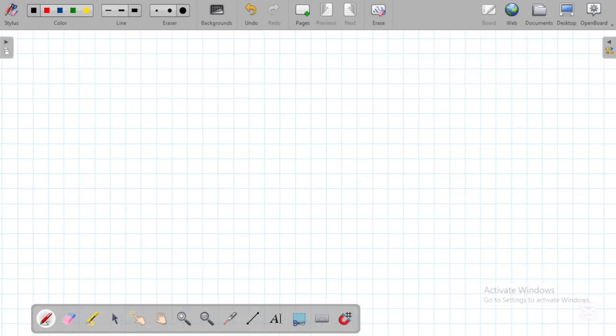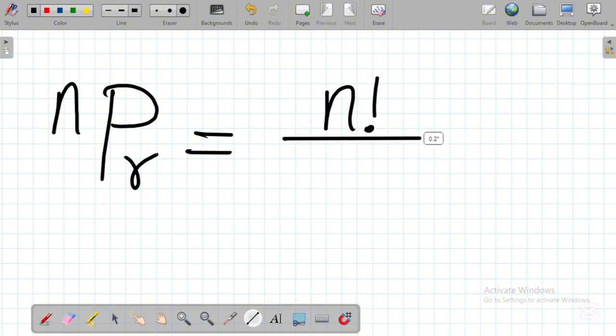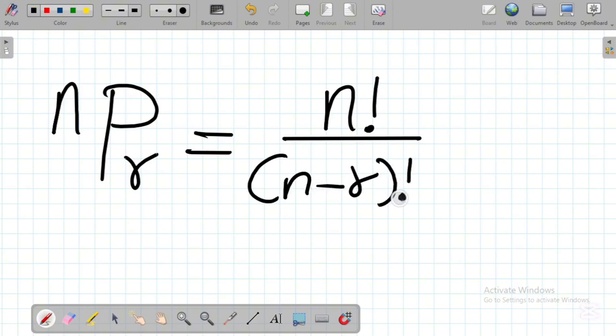Now, the formula for finding permutation is this: n permutation r is equal to n factorial all over (n minus r) and then factorial.